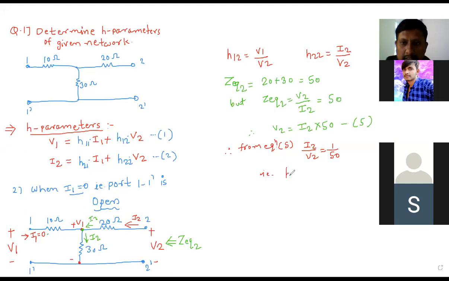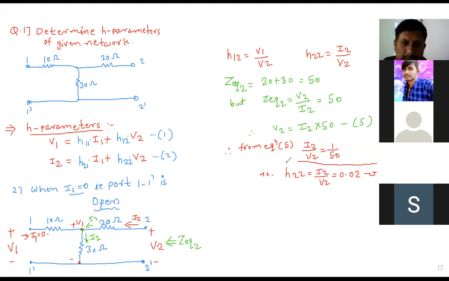That is, H22 is equal to I2 upon V2. How much is 1 upon 50? 0.02. I2 upon V2 means it is admittance, so the unit is mho. Right? Unit is mho. I2 upon V2 is admittance, that's why the unit is mho.